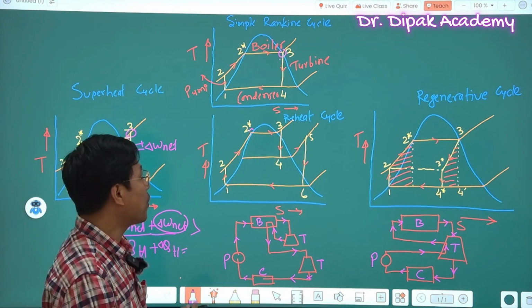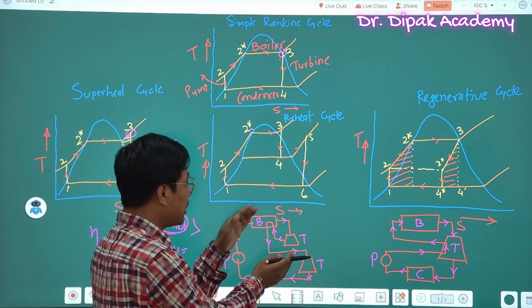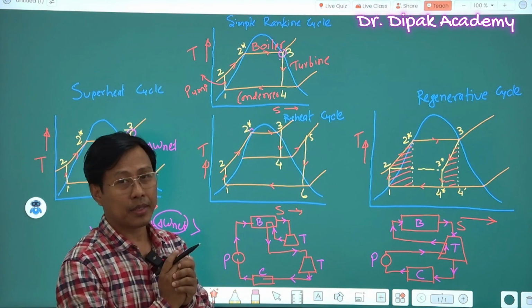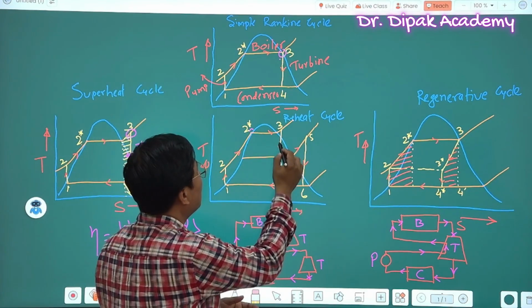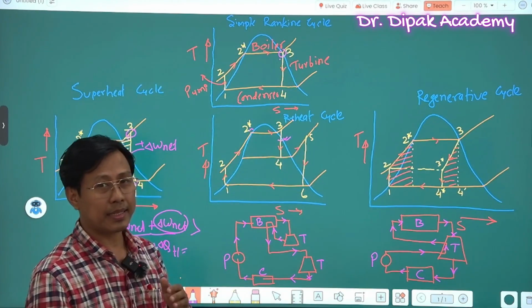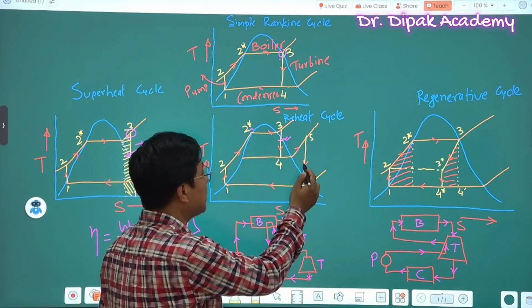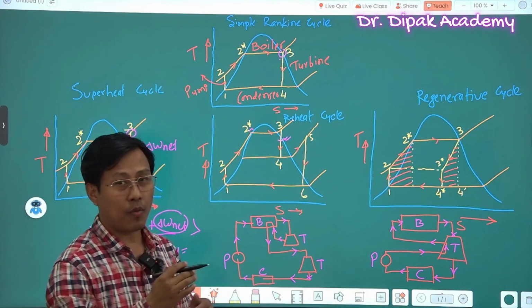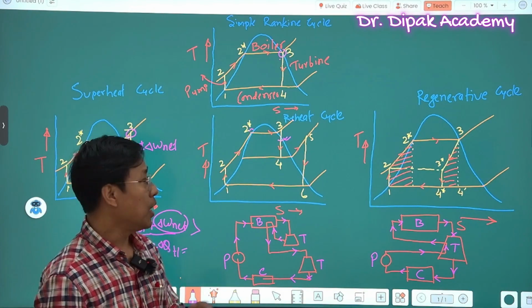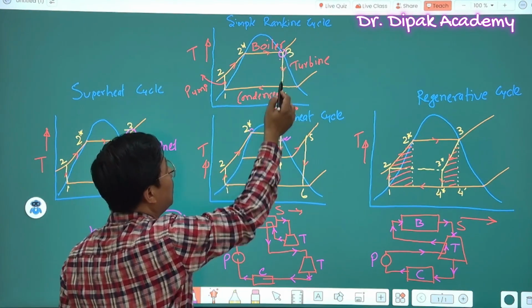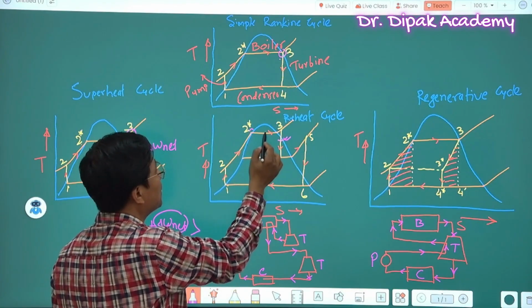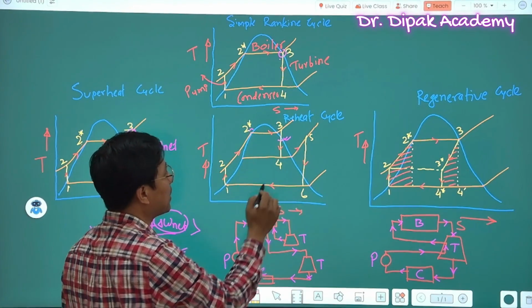In this reheat process, two turbines are applied. This turbine is at the higher pressure stage, and this turbine is at a lower pressure stage. Our simple Rankine cycle will become 1, 2, 2 star, 3, 4, 5 and 6.